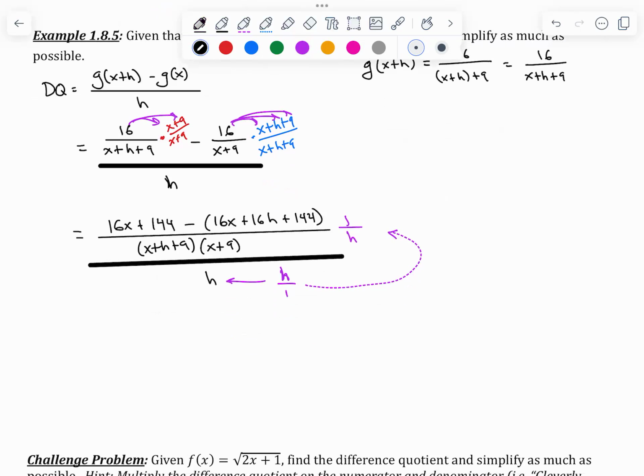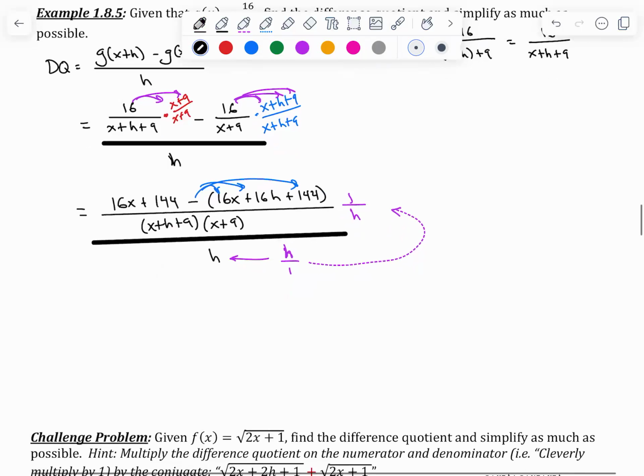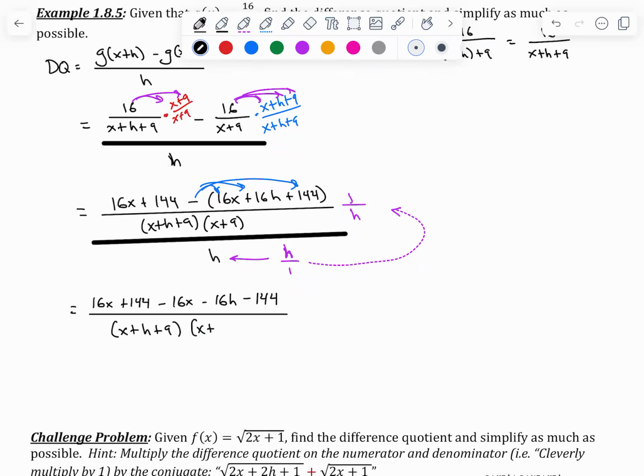Too many fractions going on here. All right. And then the distribution of the minus sign happens. If you don't want to draw this that I'm drawing, you can skip it and skip any algebra that you feel like you can do in your head. Please do so. It'll make you a stronger mathematician. But this is just for completeness of our notes. So this becomes 16x plus 144 minus 16x minus 16h minus 144, all divided by x plus h plus 9 times x plus 9 times h from the purple.